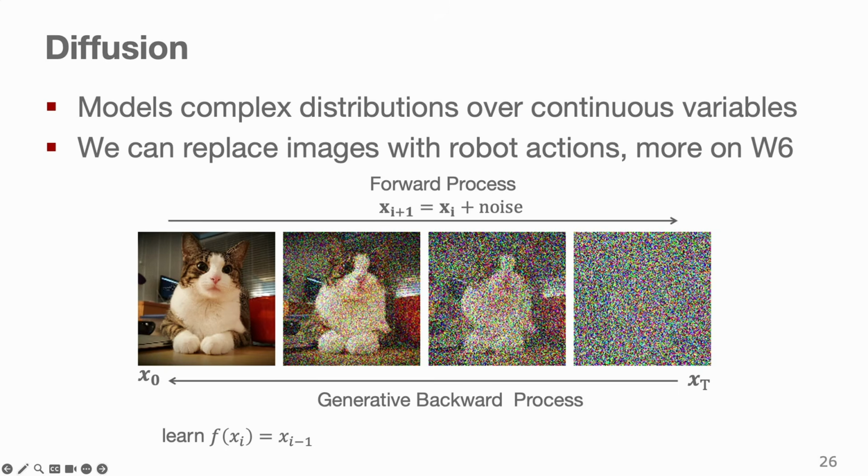And then you have the generative backward process where you train a neural network to denoise that step by step and learn how to recover the clean data from noise. And so essentially, you create a fake training set by creating images with various levels of noise, and then train this denoising network to predict cleaner versions of the image.